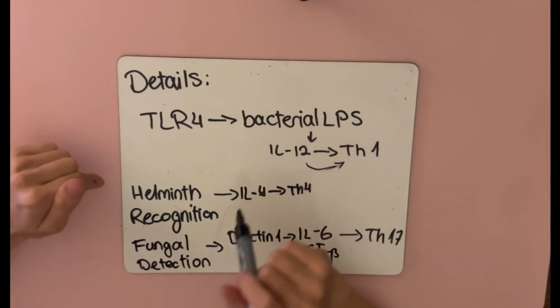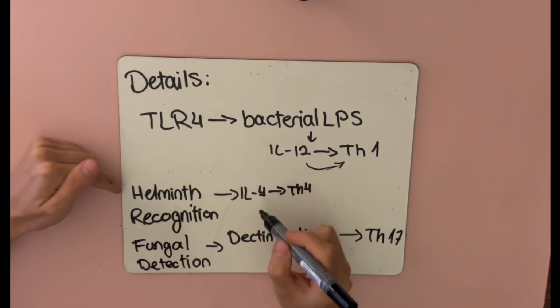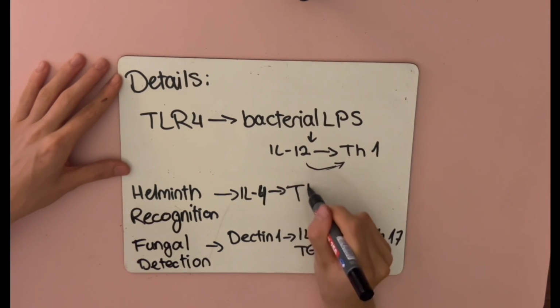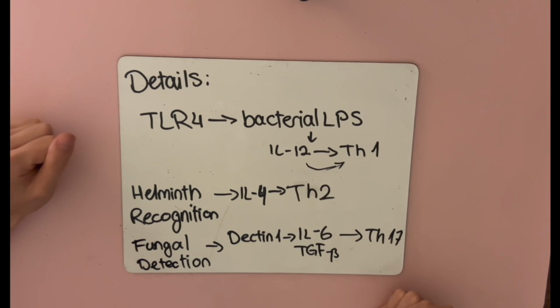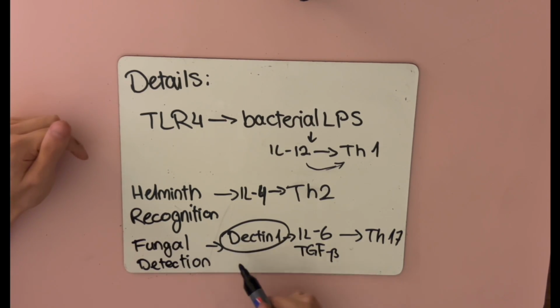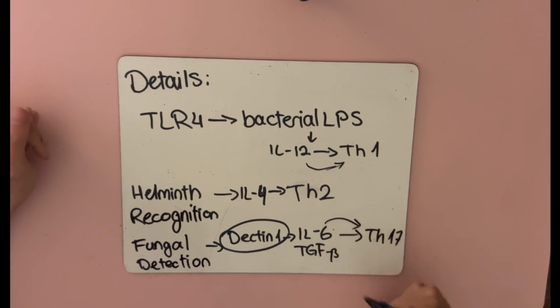Then there is the helminth recognition, which triggers the interleukin 4 production, which then favors Th2 responses. Then there's fungal detection via dectin-1, and this promotes, for example, interleukin 6 production and TGF-beta, which again causes Th17 responses.